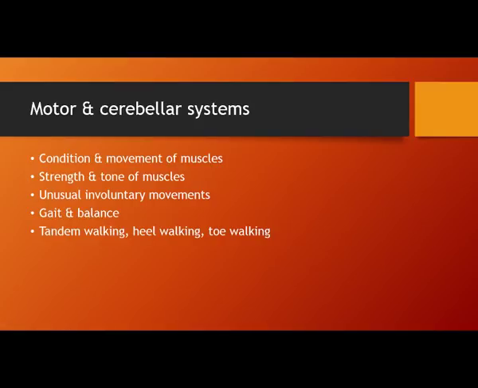So then we're going to assess the cerebellar systems here, and the motor systems as well. First, look at the muscle groups, the major muscle groups. Do you notice any wasting away? Like somebody that has had hemiparesis, say, where they've got a paralysis and they've had it for a while, those muscles will be smaller.